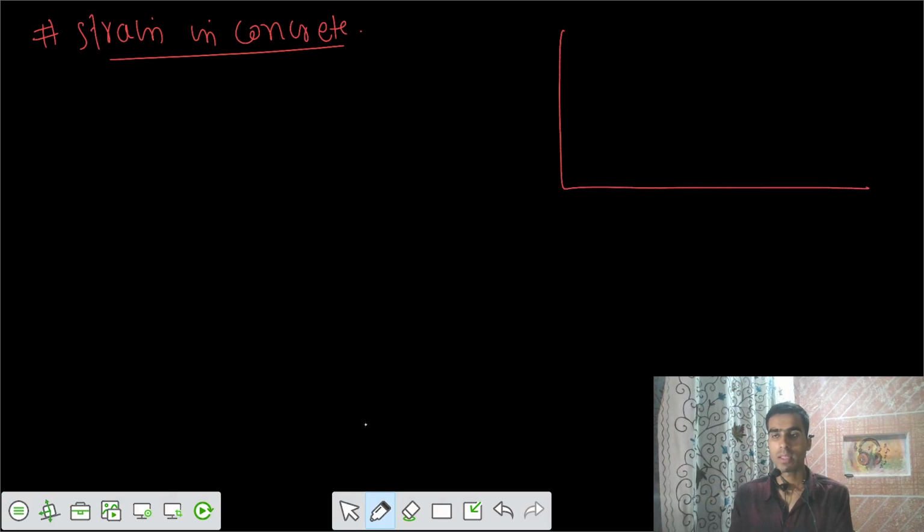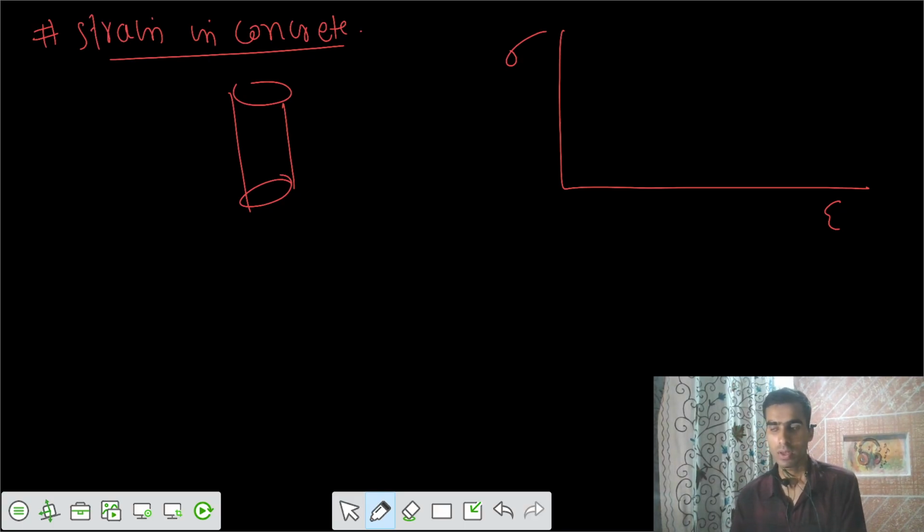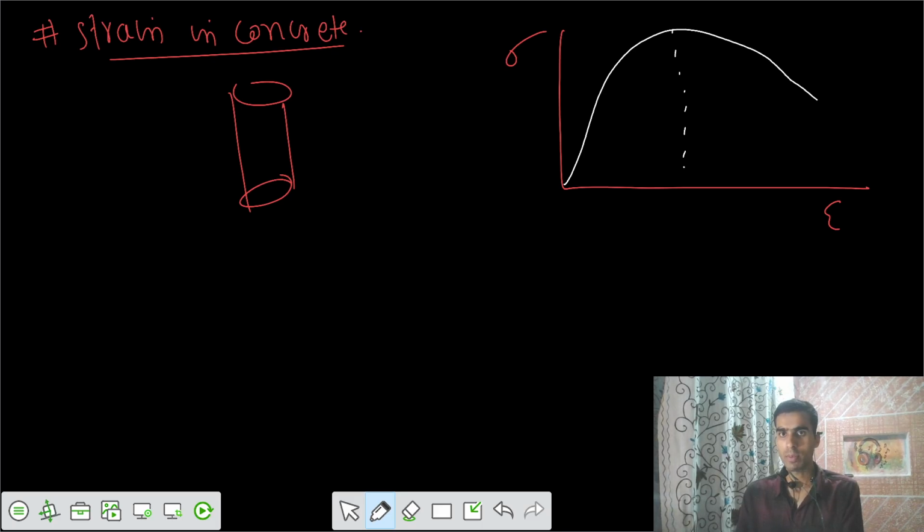Once you have performed the test on the cylindrical specimens, we got the stress strain curve. Let's say the curve looks like this, and we know that the peak is observed at 0.2% strain, or 0.002 strain.